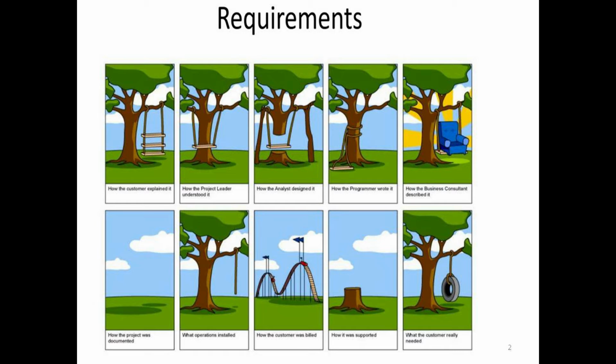The remaining 50% of the job is to make sure that a consistent picture, or consistent communication, happens across everybody, whether it's the project leader, analyst, programmer, business consultant, documentation, billing, or support team. They should all see the consistent picture.